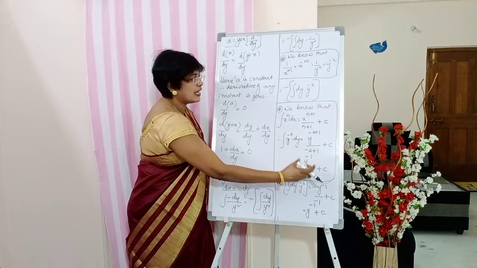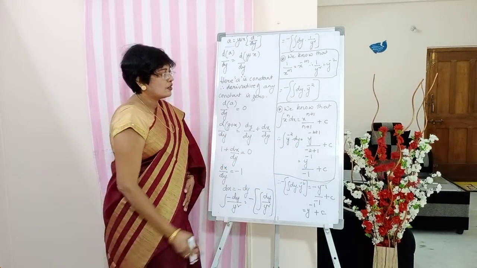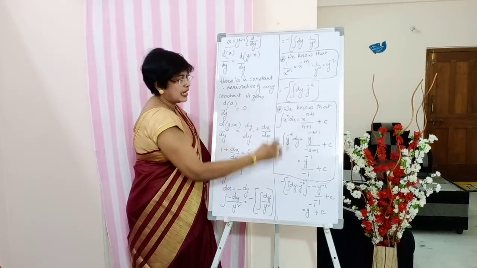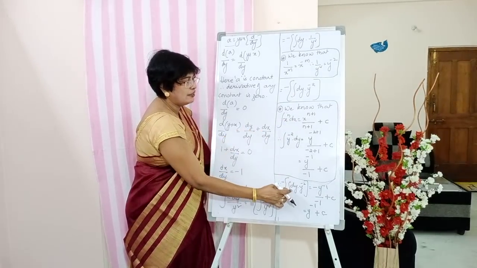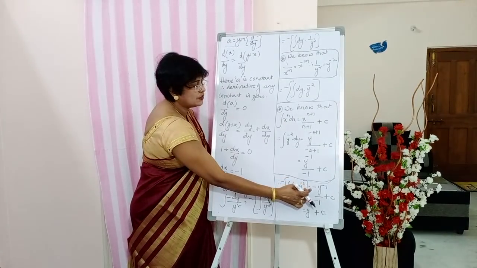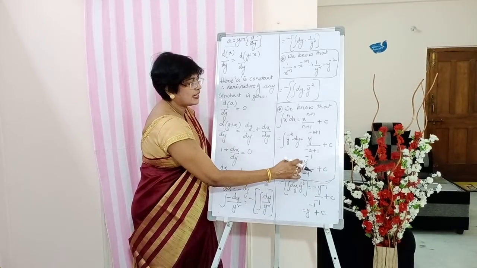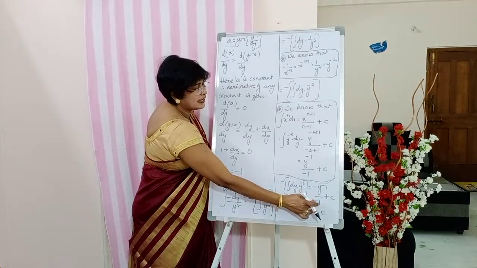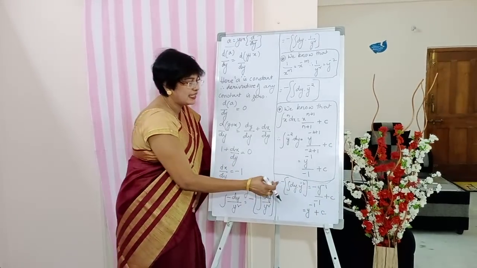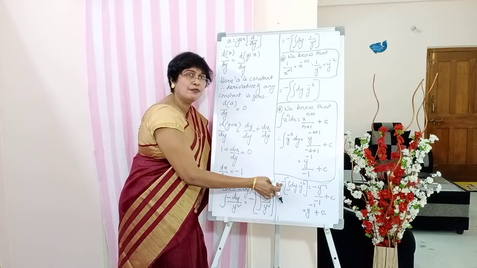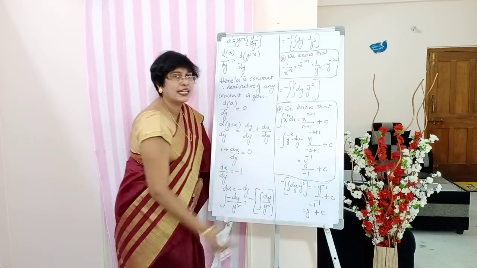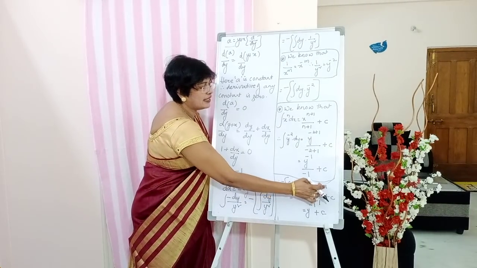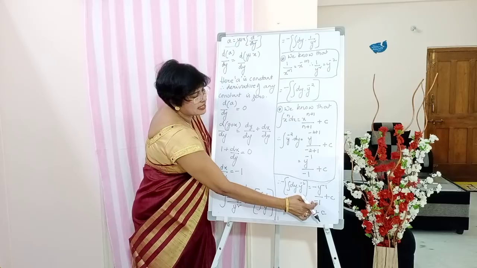Now this portion's value we have this one. So kindly write down, therefore, integral dy into y to the power minus 2 is equal to, directly you can write y to the power minus 1 by minus 1, plus c. But there is a negative sign before this one, so kindly don't forget to write that negative sign. So minus y to the power minus 1 by minus 1, plus c.